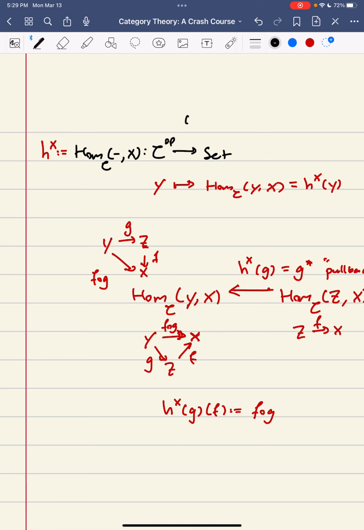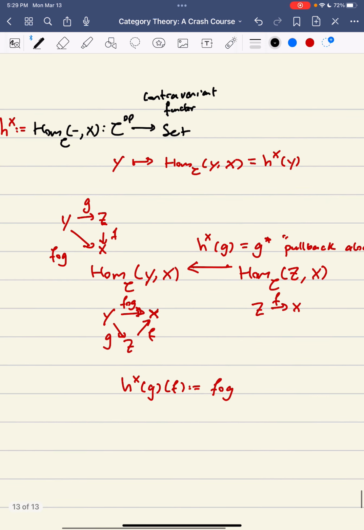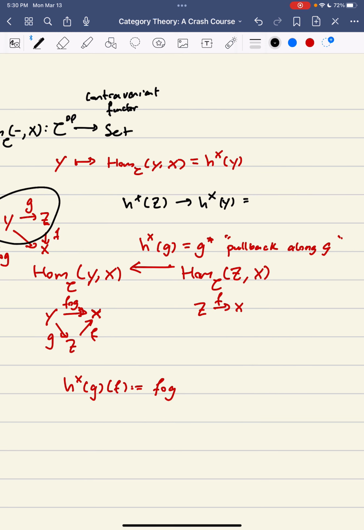This is a contravariant functor. It reverses the order of my morphisms. So if I have a map from y to z, I get a map from h of z to h of y.